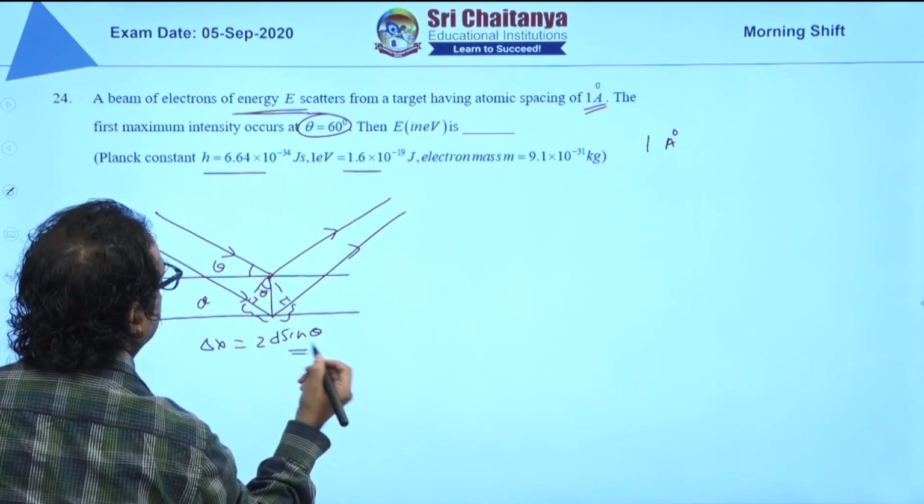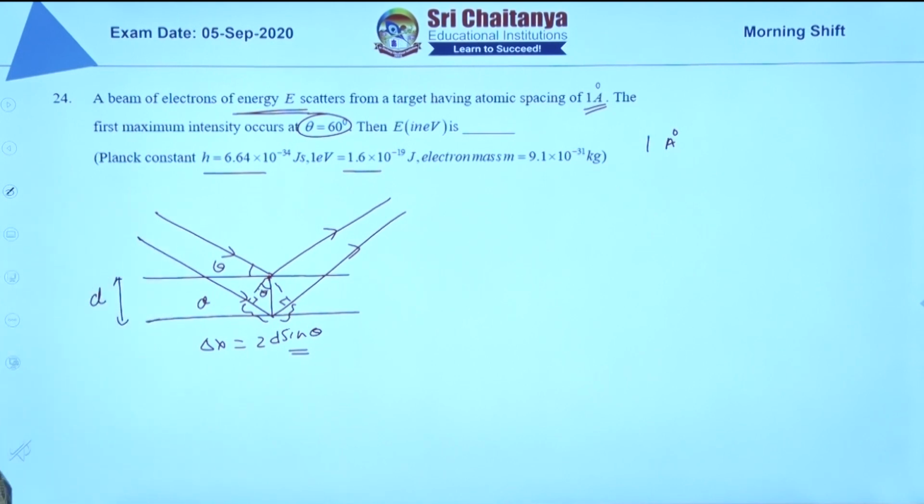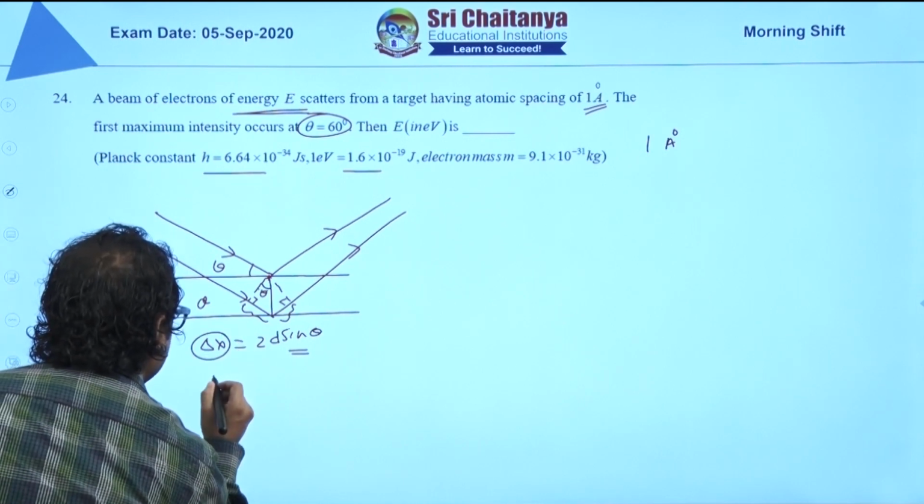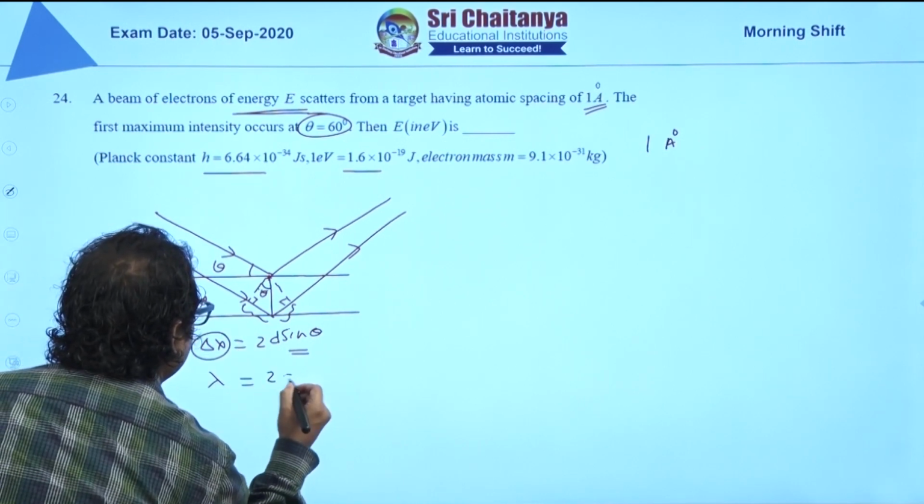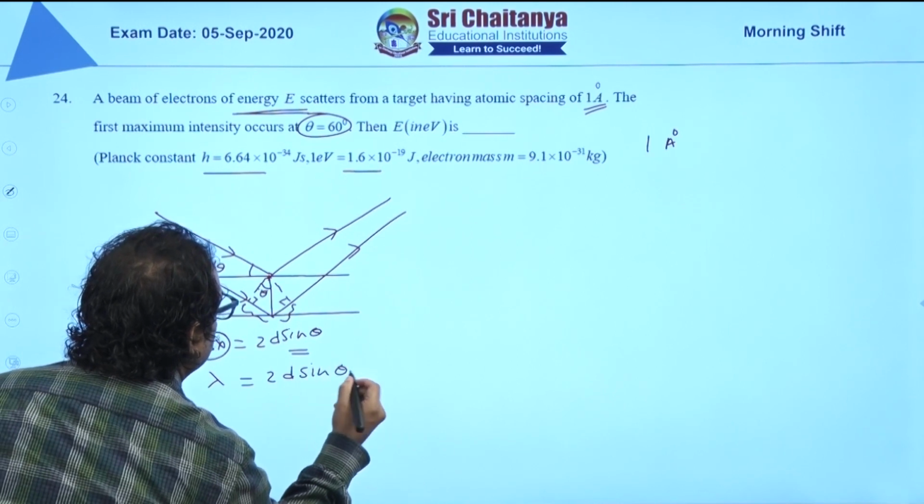Theta is given as 60 degree, and for maximum this is equal to lambda. So, lambda is equal to twice d sin theta.